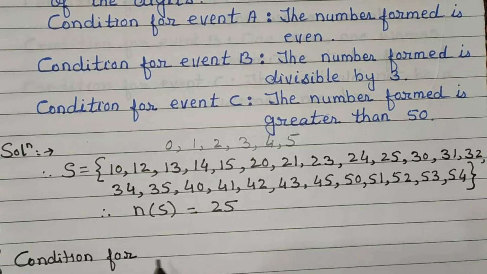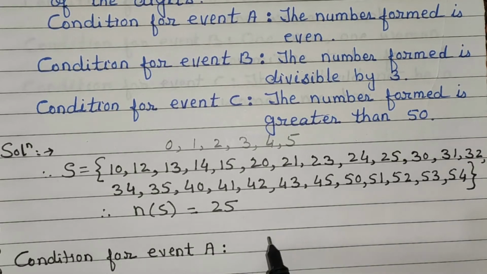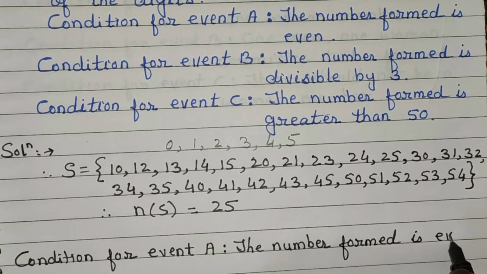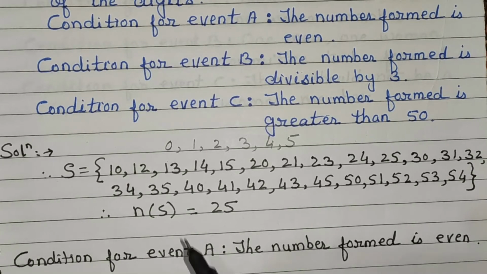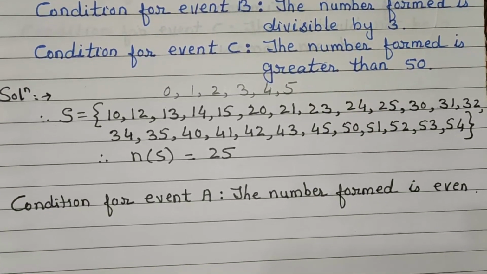Condition for event A: the number formed is even. Now the even numbers from the sample points, write down here.